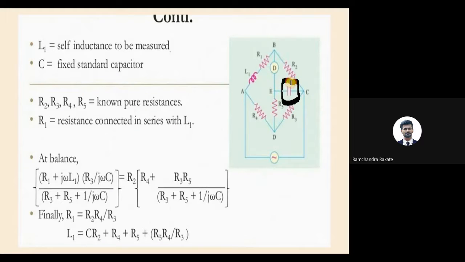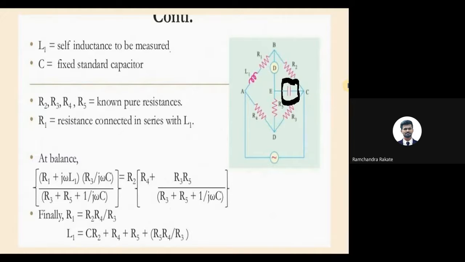This was just the modification in Anderson, and the remaining methodology, the remaining procedure, all remains the same. He thinks that if I change the position of this capacitor from parallel to series, I am able to get the self-inductance from that particular circuit.